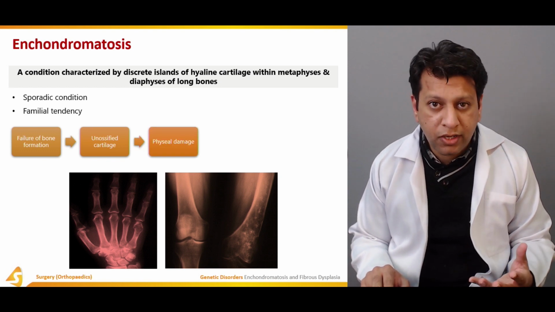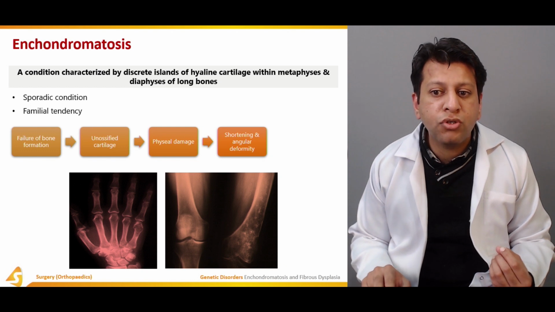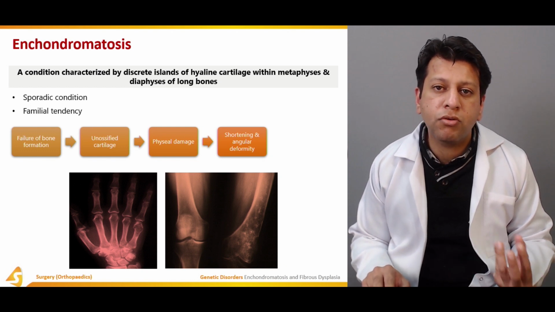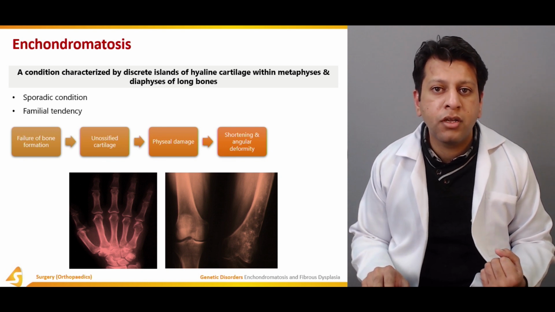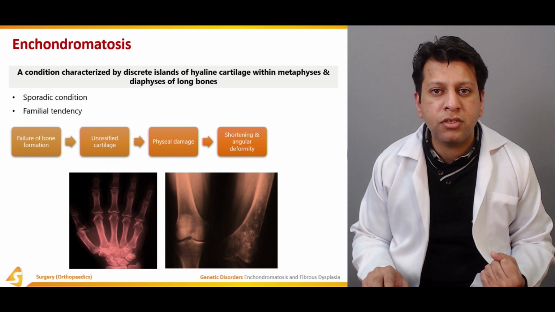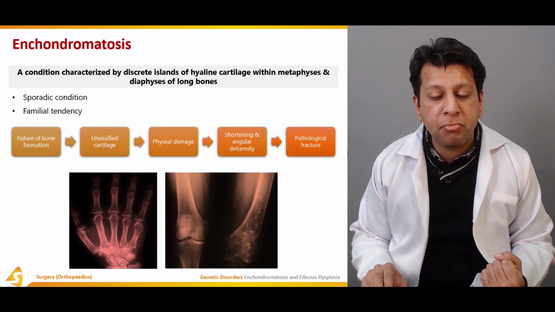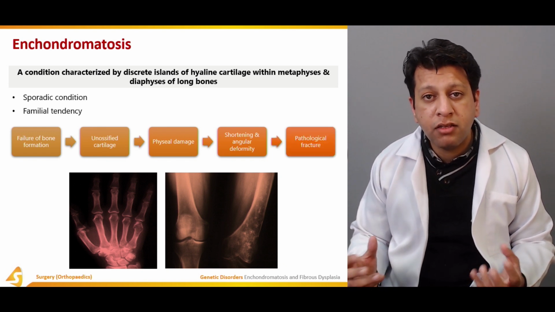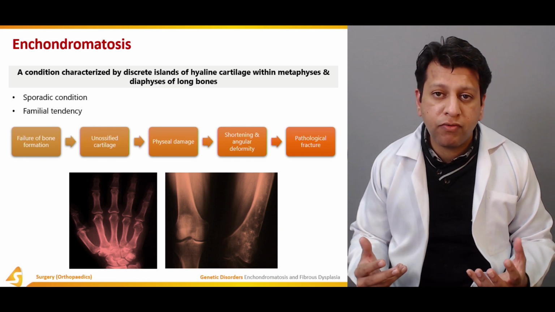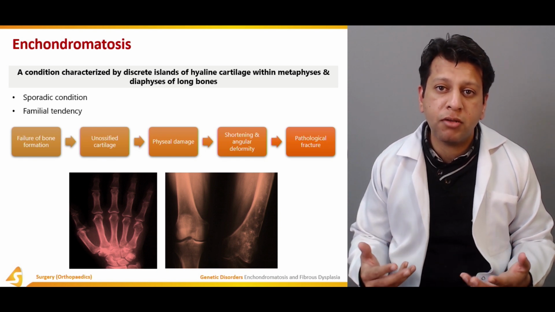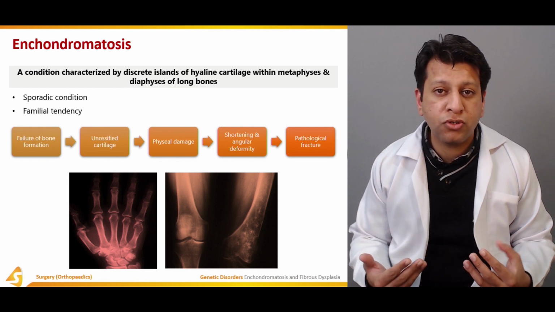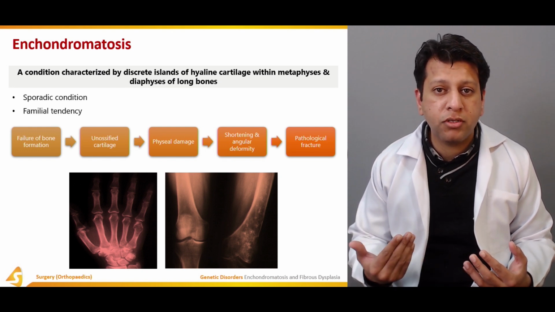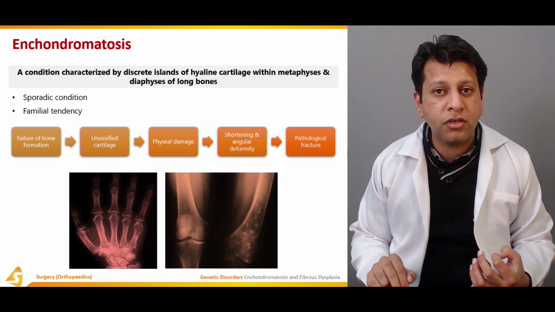This results in physeal damage and eventually shortening and angular deformity, because once they grow inside the bone, they may result in angulation of the joint, eventually producing angular deformities around the knee. Or, as they are lytic lesions and the cartilage cannot withstand much, it sometimes leads to a pathological fracture, where even minor trauma, because the bone is weak, results in a fracture of the distal femur.